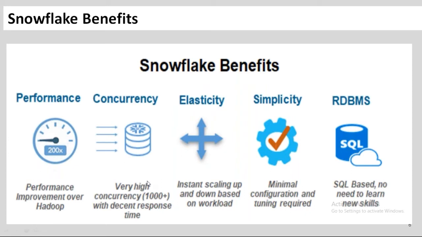And concurrency. Let me take an example of Oracle or another traditional database. If the number of users accessing the database increases, then the database performance will go down, right? Or if more queries are running in the database, then the performance will get degraded, right?